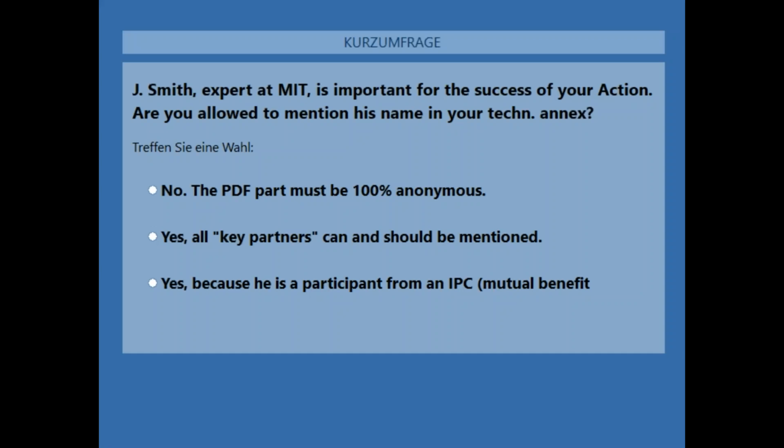We will now open the poll, and you can indicate your answers, whatever you feel might be the right one. Is it either no, the PDF part must be 100% anonymous, or yes, all key partners can and also should be mentioned, or yes, because he's a participant from an IPC, an international partner country, and because of the mutual benefit, it can be indicated who he is.